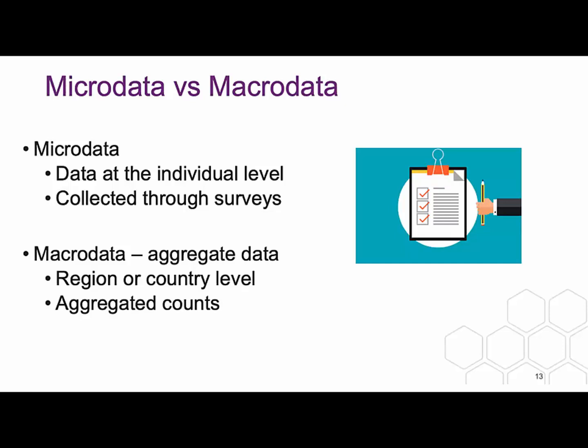Macrodata is data derived from microdata by statistics on groups or aggregates, such as counts, means or frequencies, and it is data at a region or country level, and this sort of data is really useful for examining how trends change over time. And as I say, macrodata can be created from microdata sources.